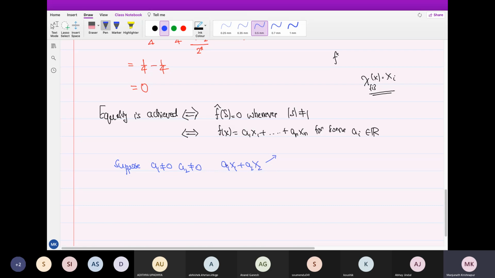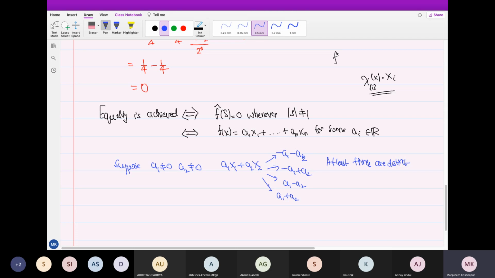Okay, so just look at this one. a1 x1 plus a2 x2 can take values: if both are minus 1, minus a1 minus a2, or minus a1 plus a2, or a1 minus a2, and a1 plus a2. Okay, so it seems to take 4 values. Actually, they can be equal also. If a1, a2 are equal, these two are 0, right? The claim is there are at least 3 distinct among these.